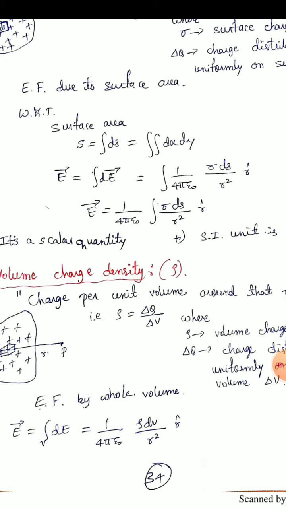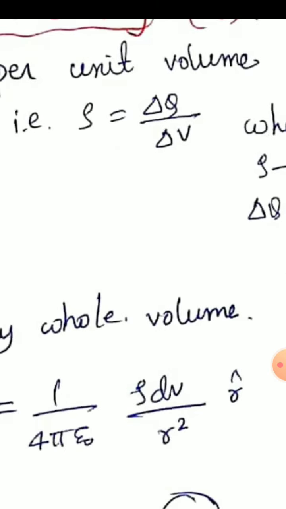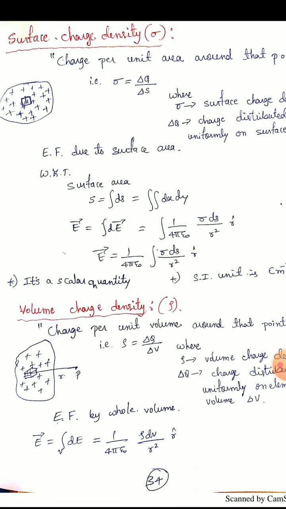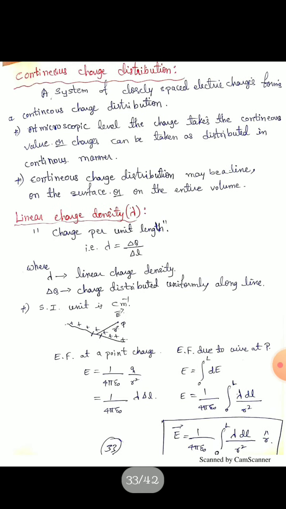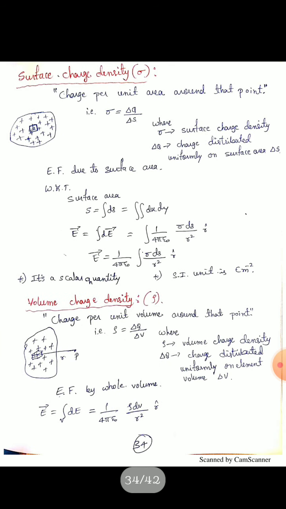Here we have considered the volume charge density. So rho is equal to delta Q divided by delta V, so delta Q is equal to rho into delta V. The same terminology I have used here: rho into delta V divided by r square. So these are three charge densities: linear charge density, surface charge density, volume charge density.